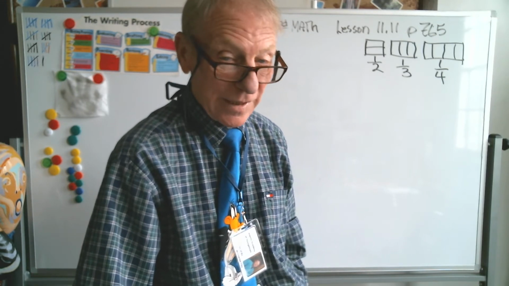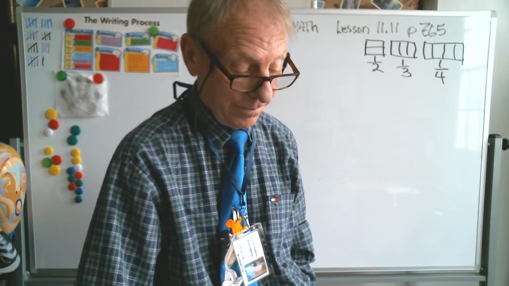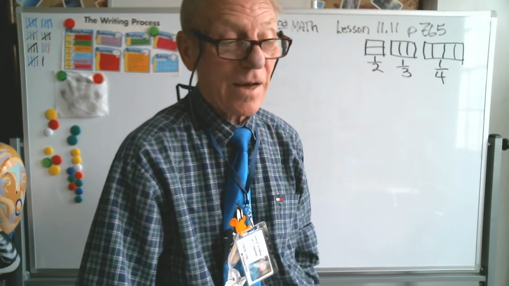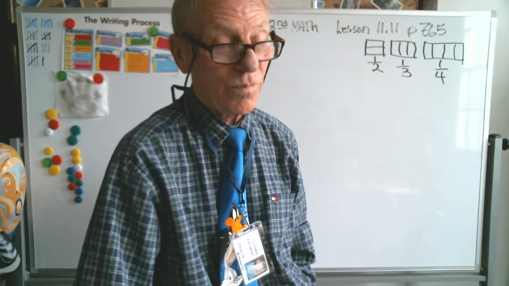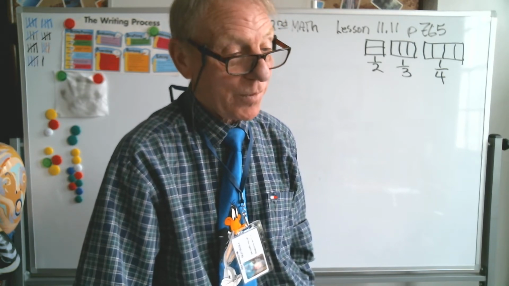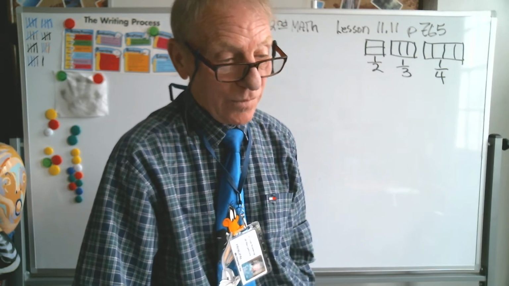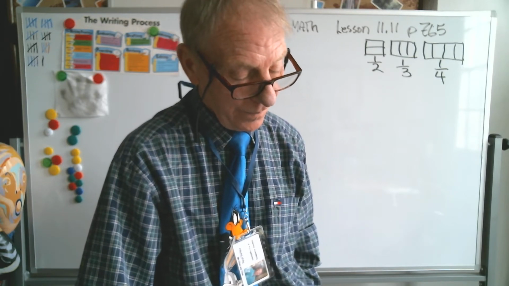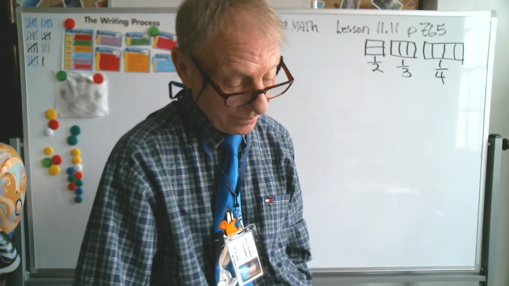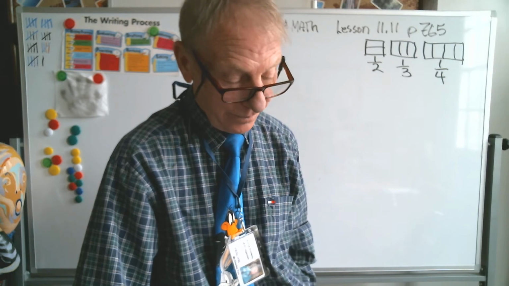What's wrong with the second illustration? Trying to sneak around there and trick you with one that only has 3 parts. Nope, the problem is looking for fourths, so second one is no good. And the third one, what's wrong with the third one?